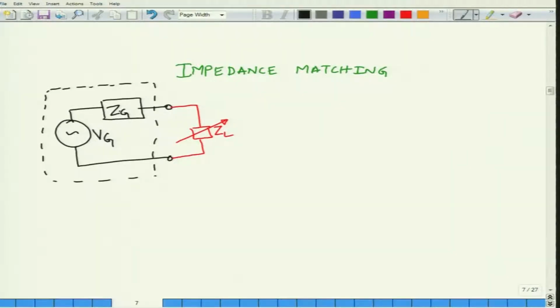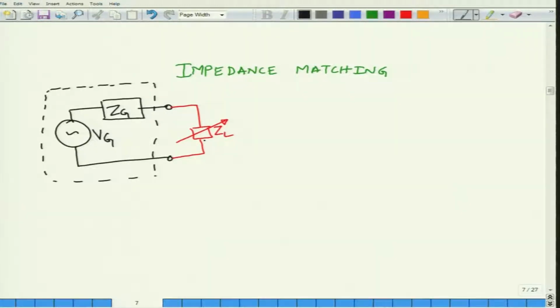Given a complex source impedance Zg, if I were to attach to this practical source a variable impedance ZL, I can change this ZL from 0 to infinity, and ZL is also complex. So, I can change both the real part of ZL as well as the imaginary part of ZL.